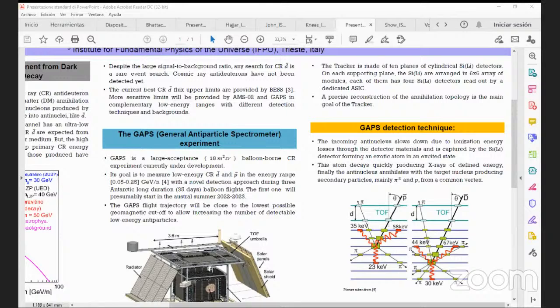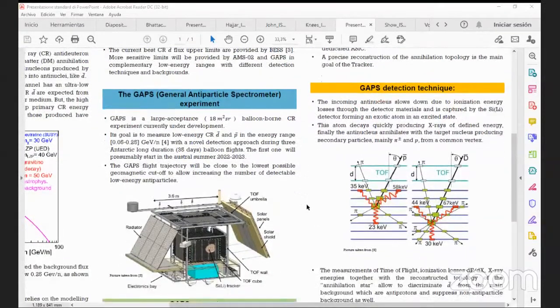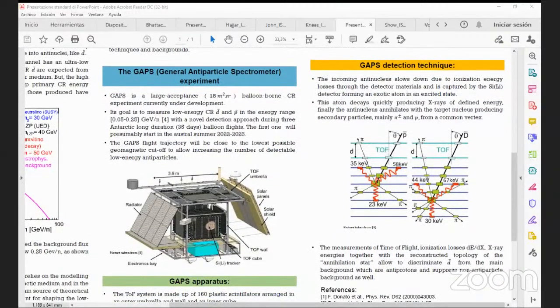Okay, the novel detection technique which will be used by GAPS predicts that an incoming antinucleus will enter the apparatus, slow down through ionization energy losses within the detector materials, and be captured by an atom of the silicon detectors. Consequently, an exotic atom in an excited state will be formed.